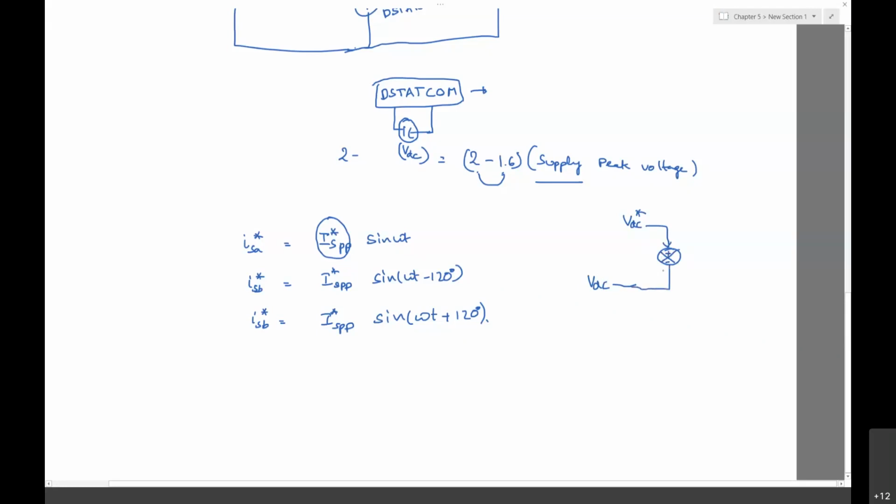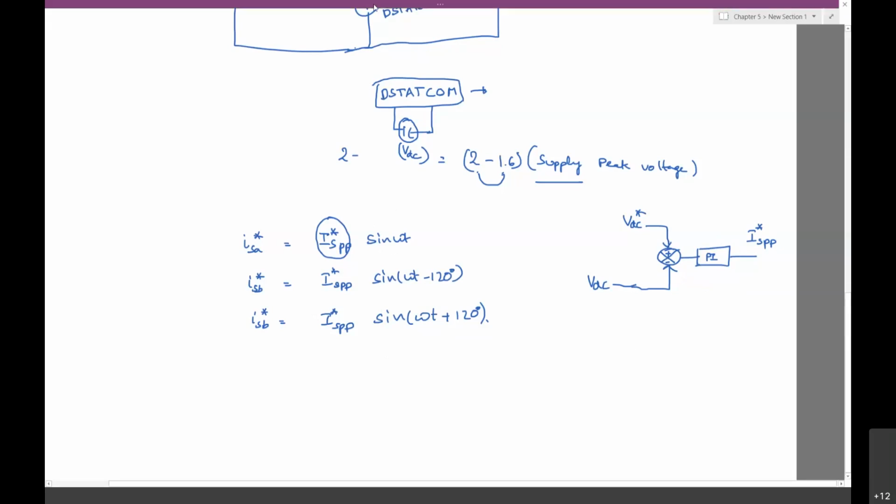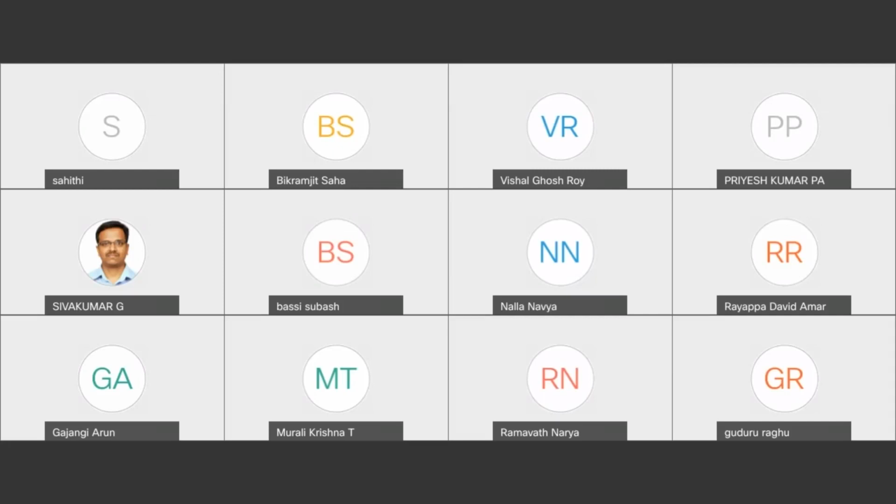The signal is given to the PI controller, whose output is Isp star. This Isp star is multiplied with the sine omega t. This kind of controller is used.